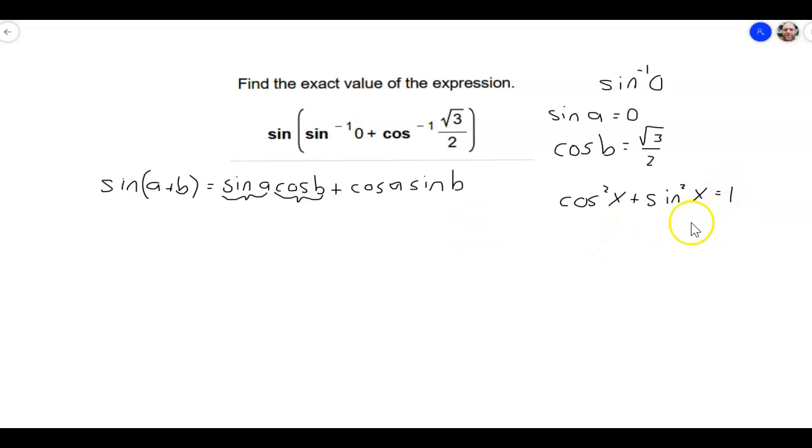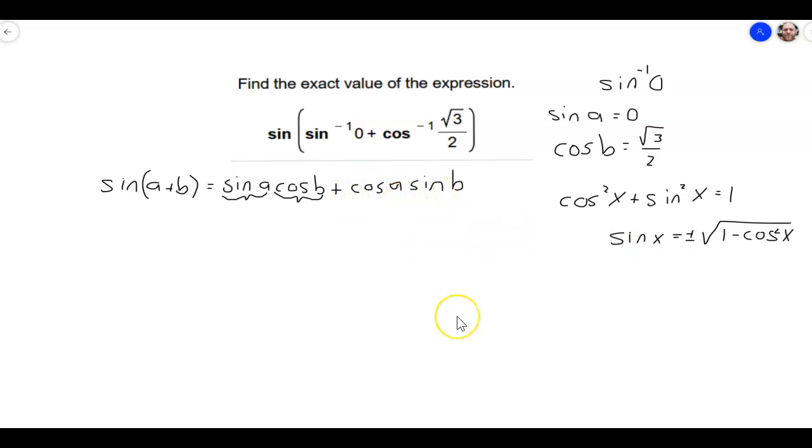And therefore, if we subtract and do some square rooting, for example if we solve for sine, we get that the sine of x is equal to plus or minus the square root of 1 minus the cosine squared of x.